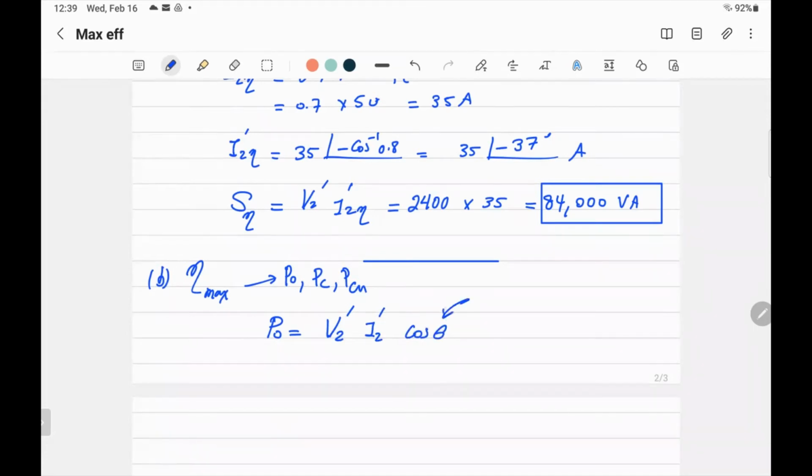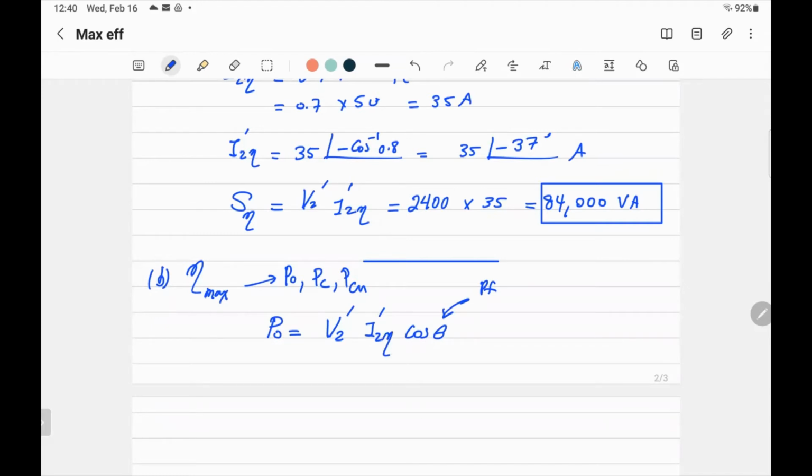But not any current. For any case you're going to do that. But if you want the full load power, I2 dash will be I2 dash for full load. If you want the output power when it's maximum efficiency, what current are you going to use? The current that causes maximum efficiency, which is I2 dash efficiency.